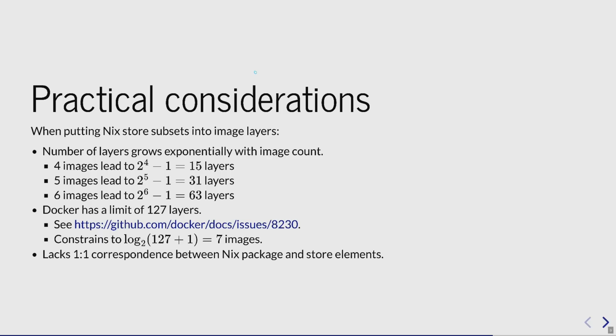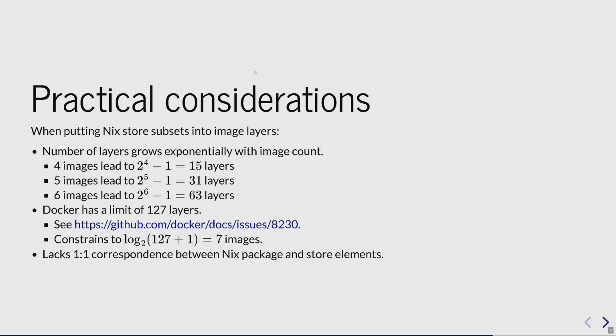You may be able to use other solutions. I don't know if Podman has this layering limitation as well. If it doesn't, you can go higher. But you can imagine that if you're building this many layers, the computation time is also going to be pretty meaningful. So this is a consideration that you run into when you actually try this.